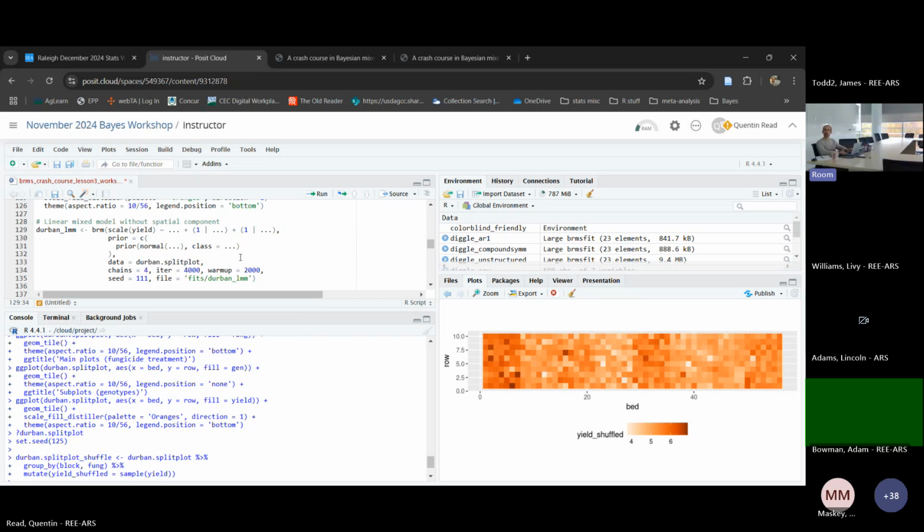Yes, we could have used a shorthand of just putting genotype asterisk fungicide, which is a shorthand for all main effects plus two-way interactions. So you could write genotype plus fungicide plus genotype colon fungicide, which is the same as writing genotype asterisk fungicide.